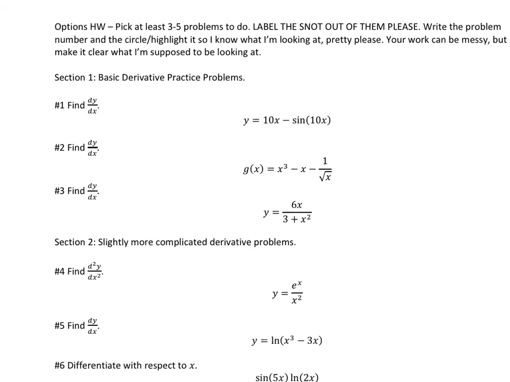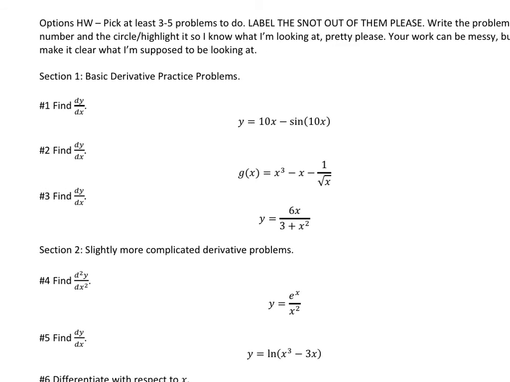Let's just dig in. So the very first one, we've got finding the derivative of this guy. Well, the derivative of 10x is just 10. And the derivative of sine of 10x, because you've got this 10x on the inside, you're going to have to do the chain rule, and you're going to end up with negative cosine of 10x times 10.